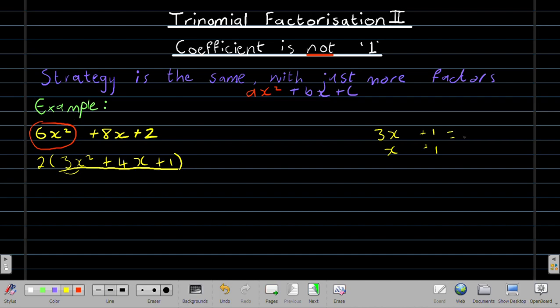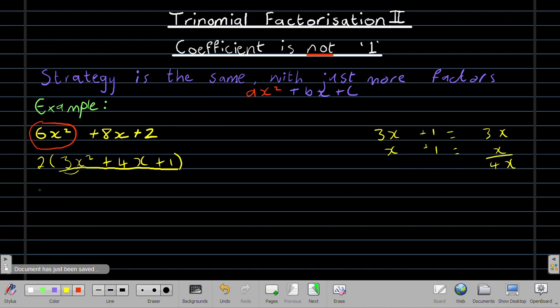All right, so if we multiply 3x times 1, we get a 3x. We get x times 1, we get an x. We add these two up, which gives us a 4x. So this gives us the middle number, which means that the factors that we chose are correct.